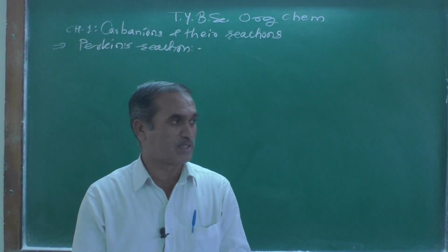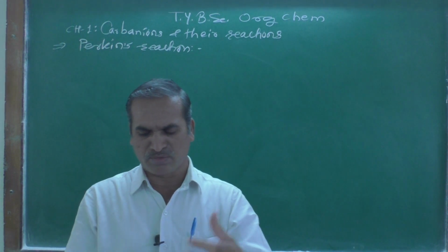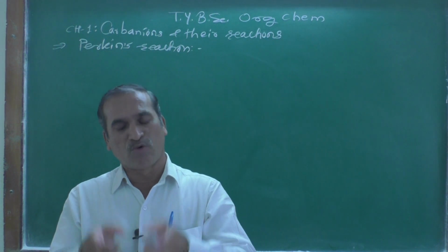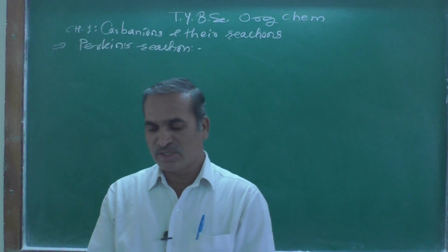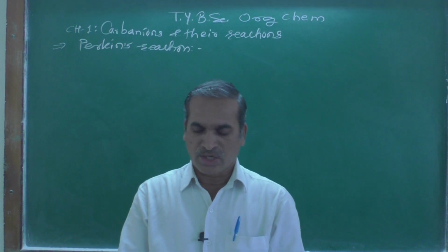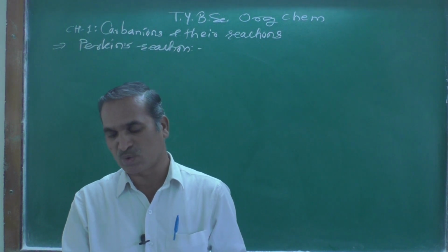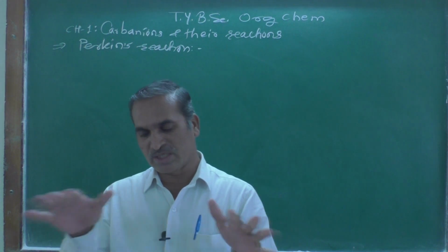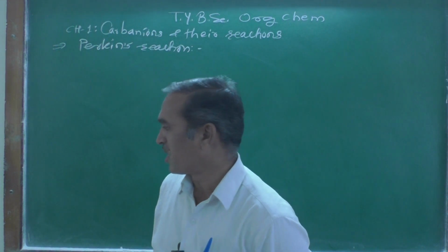And what is Dieckmann cyclization? We saw that when two ester groups are part of one and the same molecule, an intramolecular Claisen condensation takes place, giving a 5, 6 or 7 membered cyclic beta keto ester. This is called Dieckmann cyclization.